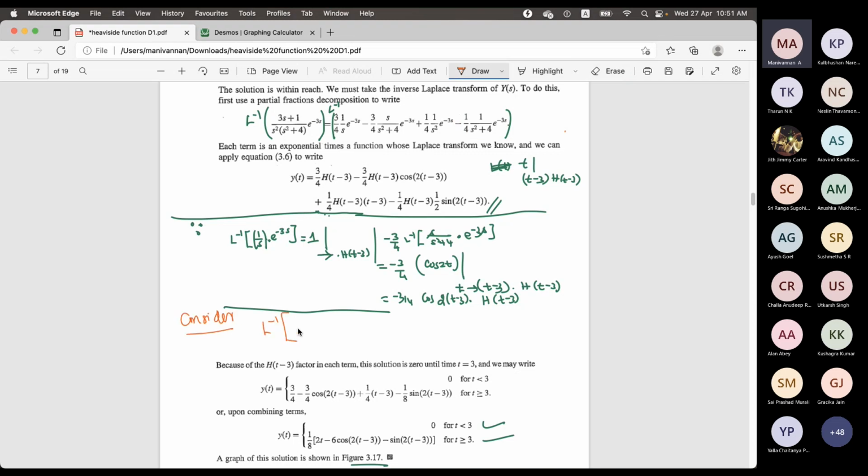L inverse of e raised to the power minus as f of s means the inverse of that. Before that, if L of f of t is f of s, then L inverse of f of s is f of t.